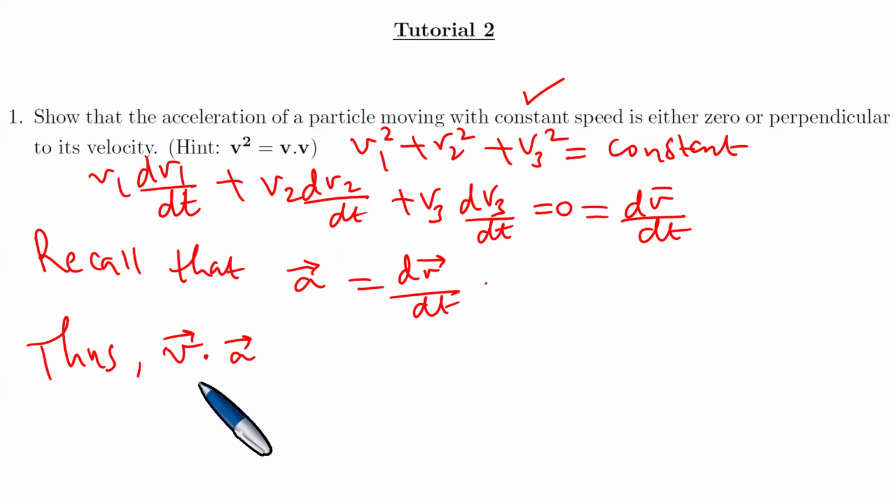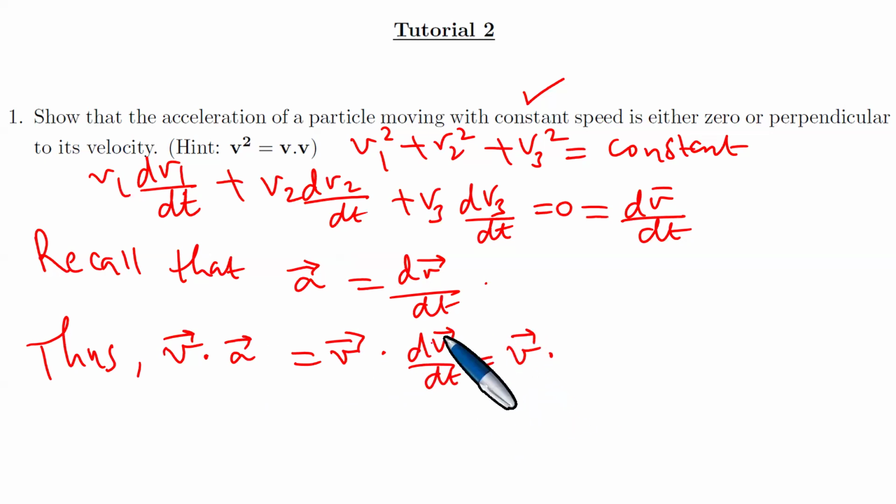But we note that the acceleration is dv dt. Thus, if you take the dot product of the velocity with the acceleration, what is the acceleration? The acceleration is dv dt.